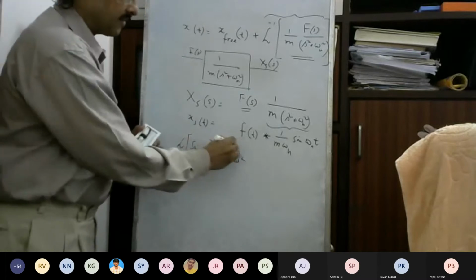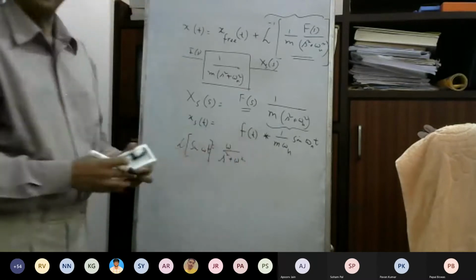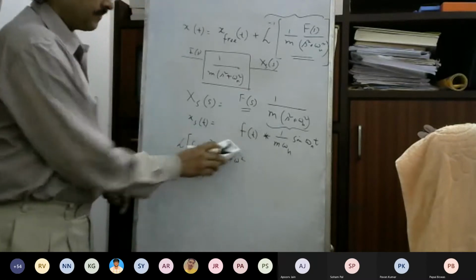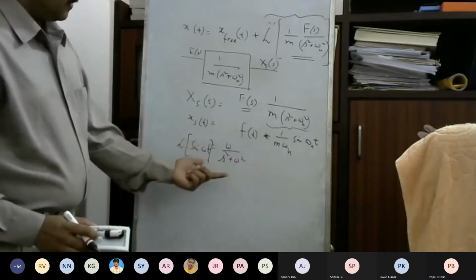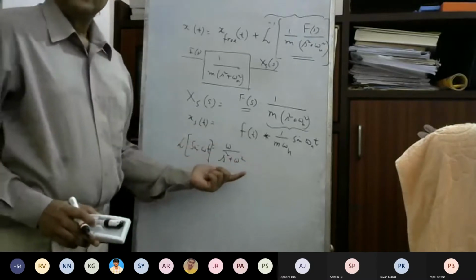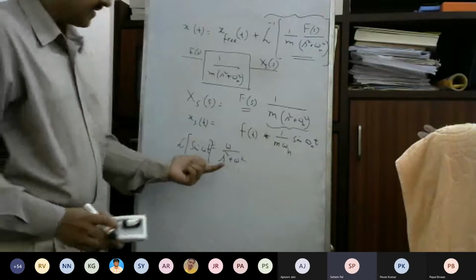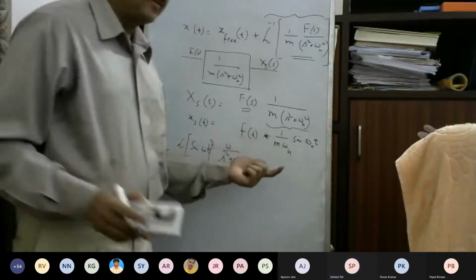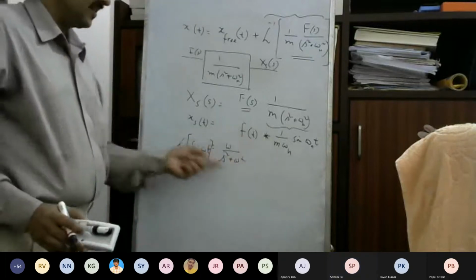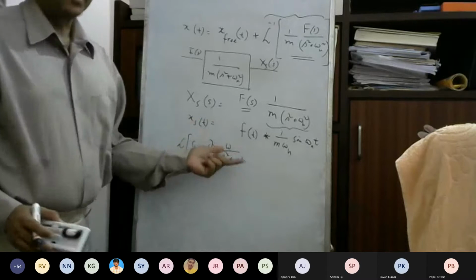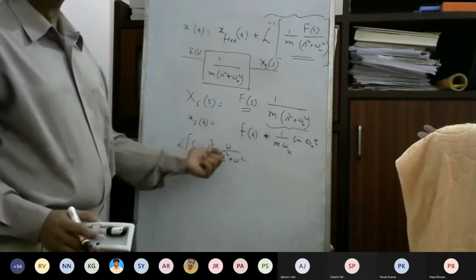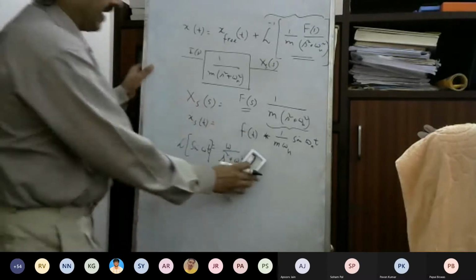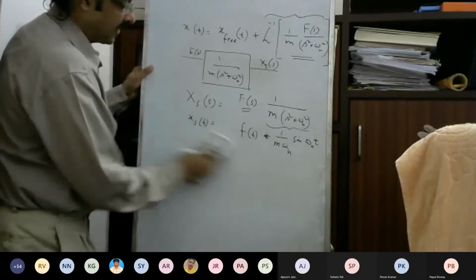It is not omega square, it is omega only. Please recheck this; you definitely have learned it, but correct yourself. So therefore, m omega n and sine omega n t.